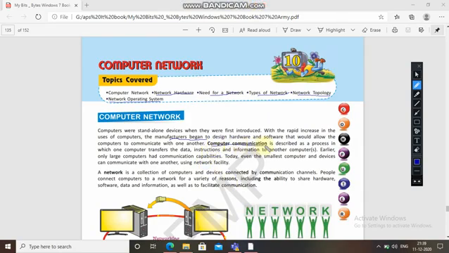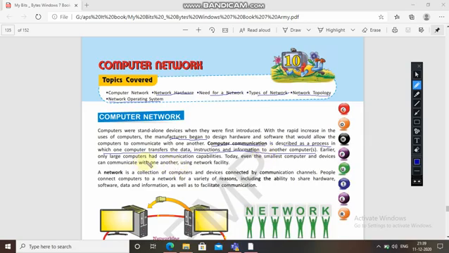Computer communication is described as a process in which one computer transfers the data, instructions and information to other computers. So in computer communication, the two computers are communicating with each other. They are transferring their data, instructions and information to one another.